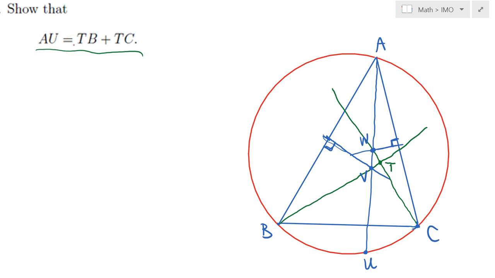If we look at the angles, well, obviously angle A is the smallest, right?